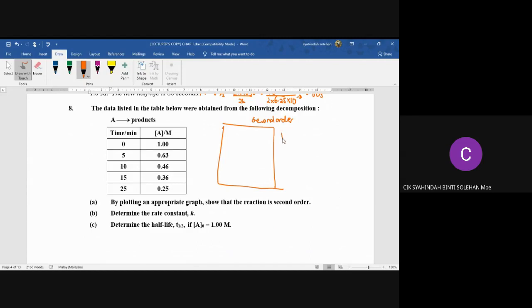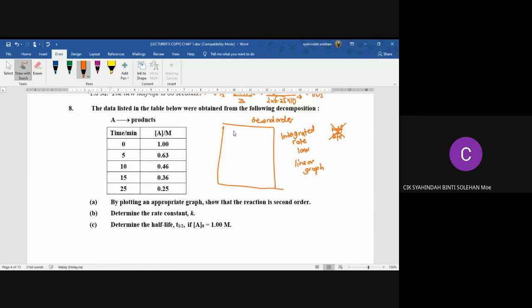For sure lah graph integrated rate law, bukan graph half-life ya. This is graph integrated rate law. It is never half-life punya graph. So tengok balik dekat nota Miss tu. Kalau integrated rate law punya graph is gonna be a linear graph. Okay.